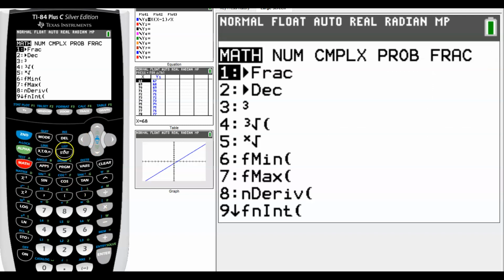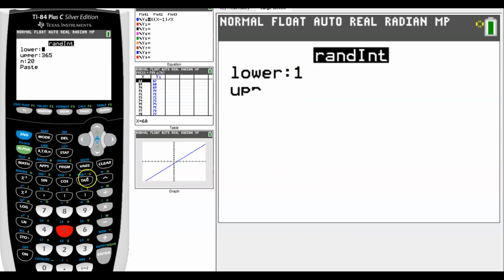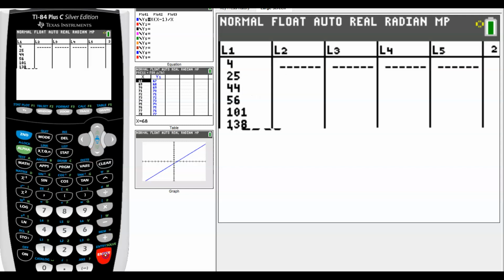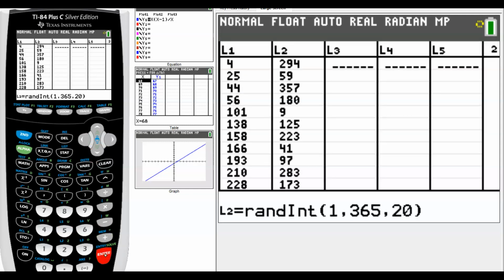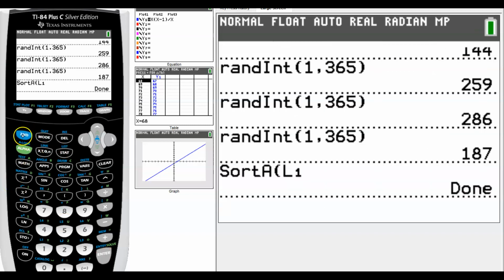I'm going to go to math, go over to probability, and I want to do the random integer deal again. Kind of keep typing that back in. Enter it. And now we just do the same thing again. I'm going to hit the second enter. It'll be a little bit quicker that way, and just tell it sort L2 for me, please.